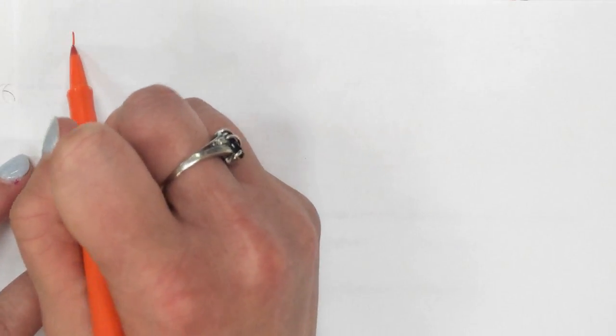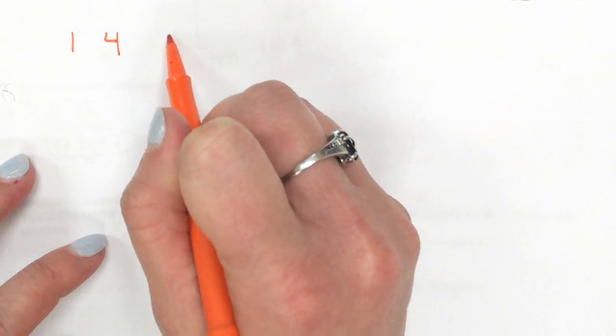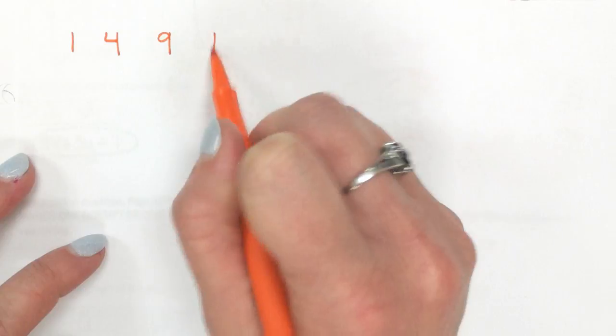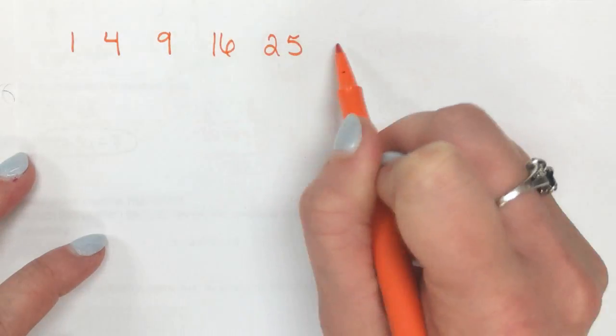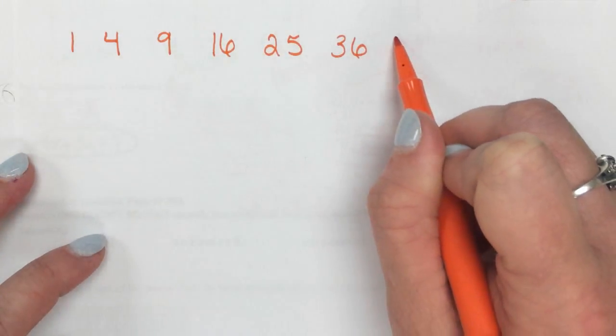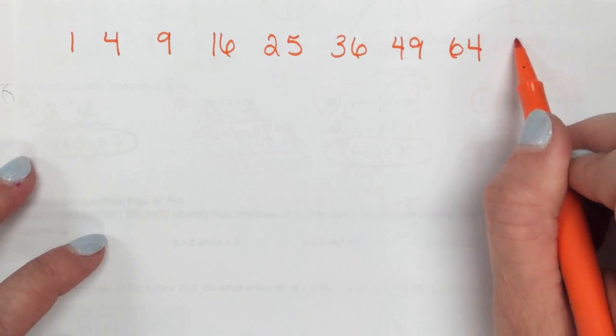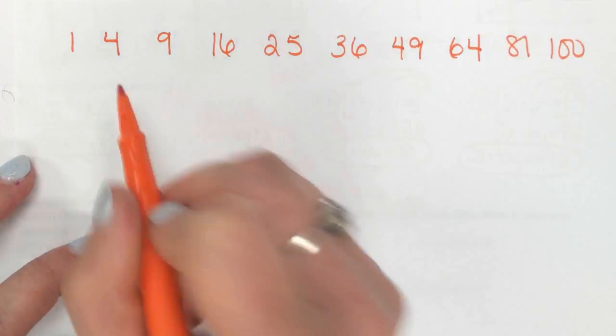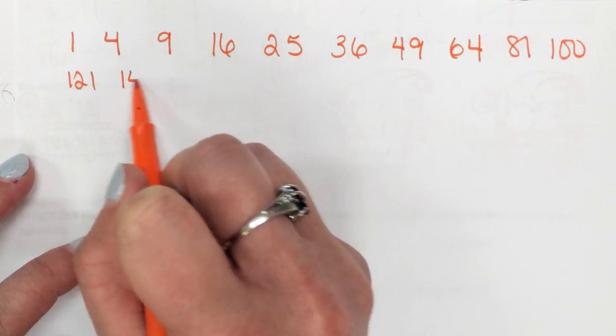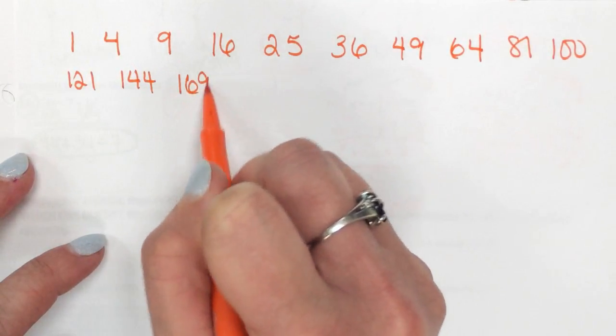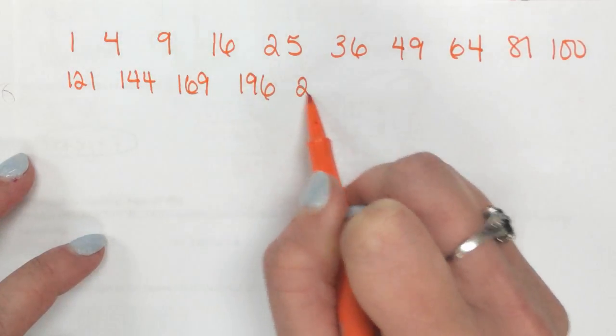Go. 1, 4, 9, 16, 25, 36, 49, 64, 81, 100, 121, 144, 169, 196, 225.